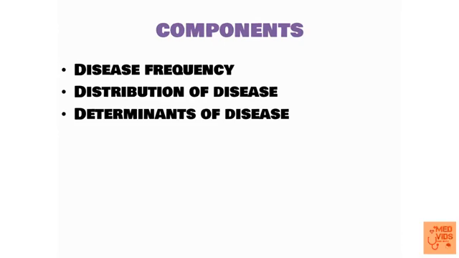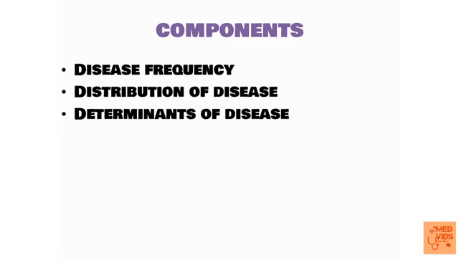Now what we are doing here is that when we studied the distribution of disease, we made a hypothesis about the possible risk factors or causes for the condition in that population. Now what we do in identifying the determinants of disease is that we identify the exact cause or risk factor.